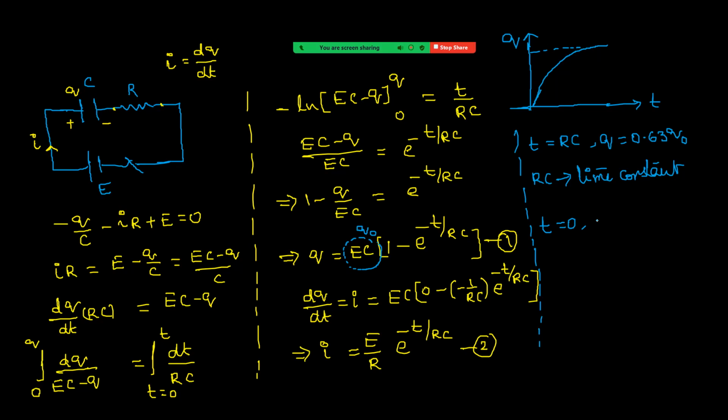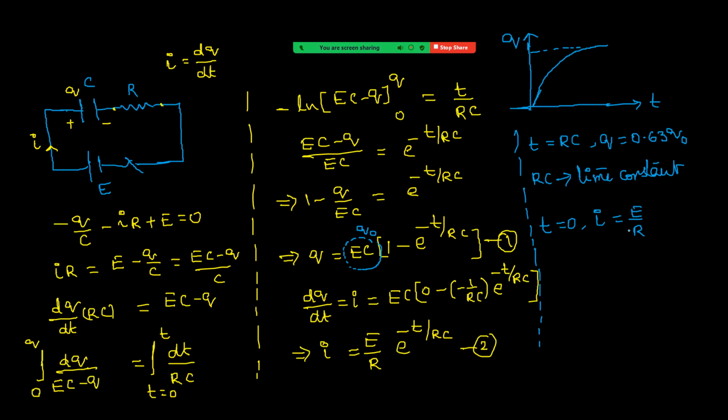So when t equal to 0, I equal to E by R. This is just as if there is no capacitor. What will be the current? You just imagine there is no capacitor. It is simply E by R, right? If there is no capacitor, the current is simply EMF by resistance. That is what we got here.